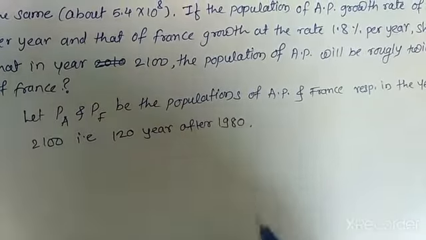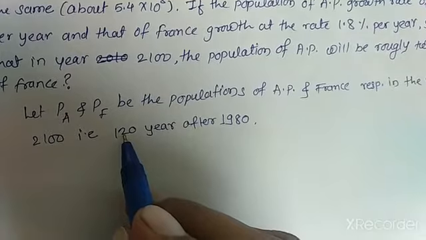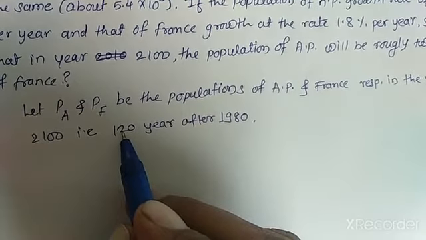After 1980 it will be 120 years, that means n is equal to 120.